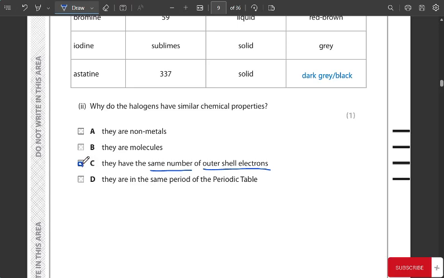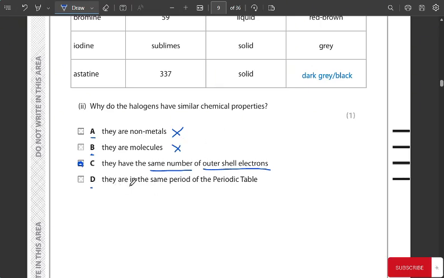For proving that C is correct, we can easily discuss A, B, and D. They are non-metals. This is incorrect because there are other groups of elements that are non-metals. And they are molecules. It's also incorrect because other elements, like group 6, are also molecules.